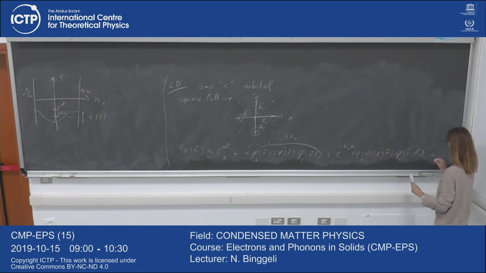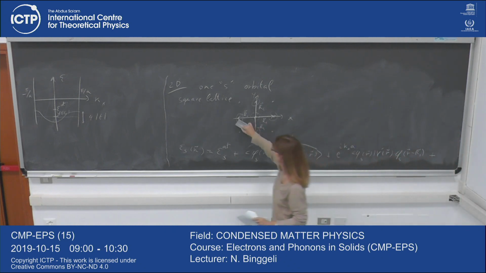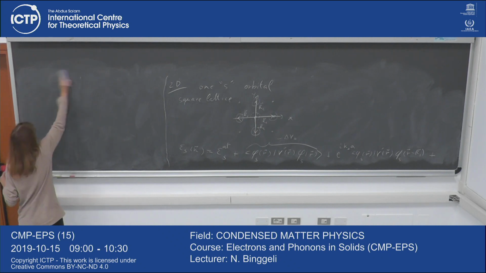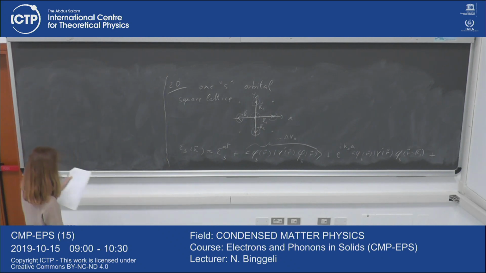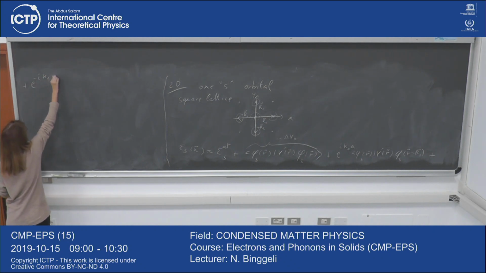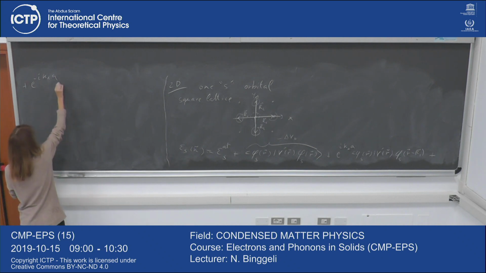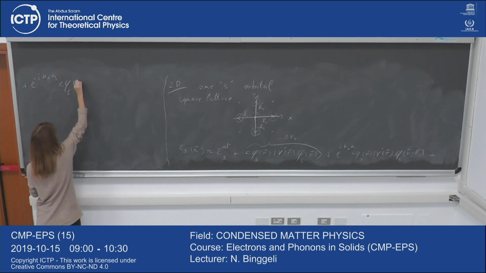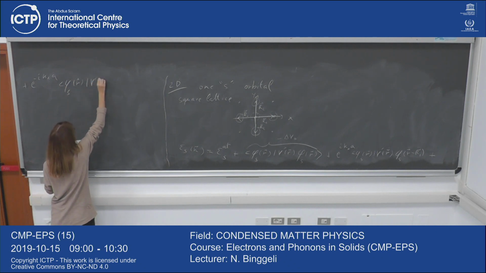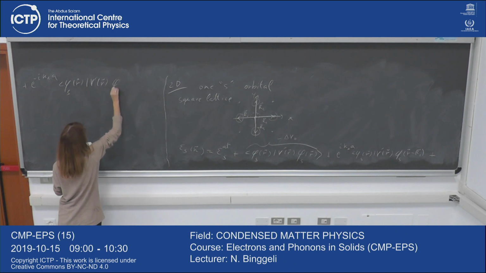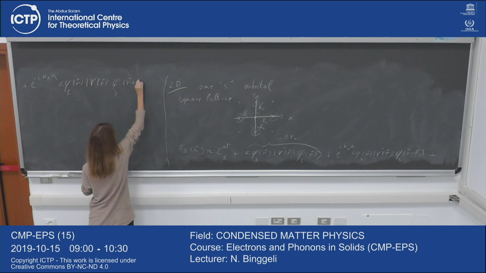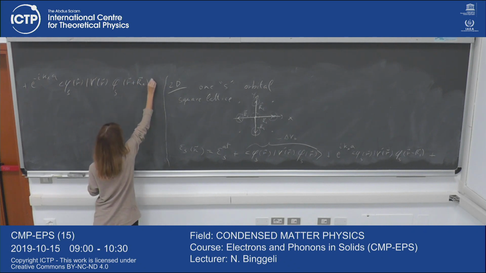Then I have the contribution coming from the other neighbor on the other side. So I'm getting exponential minus i kx a, the phi S of R, V prime, phi S of R plus R1 this time.